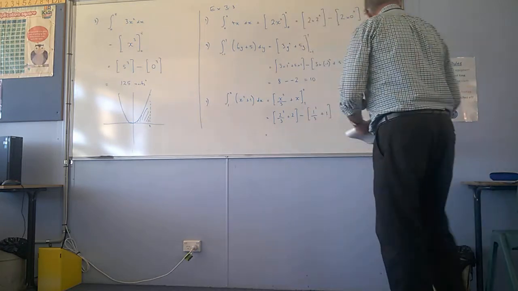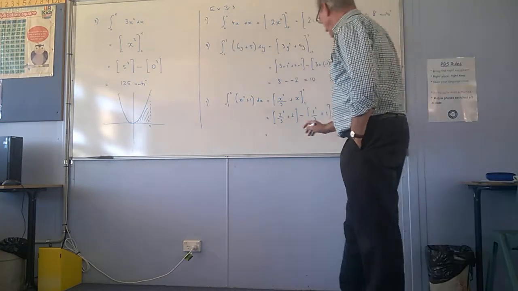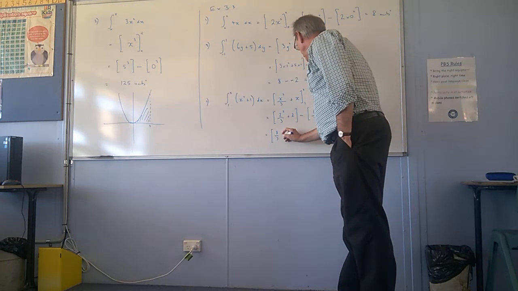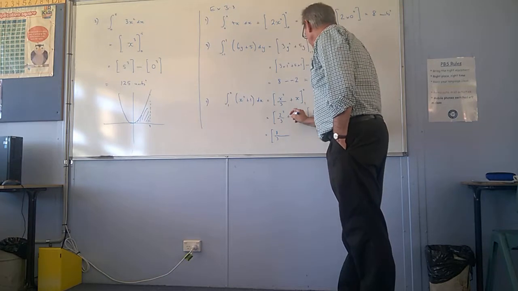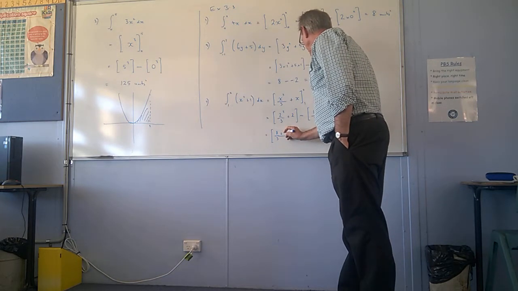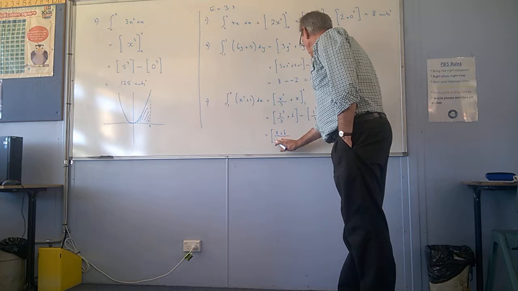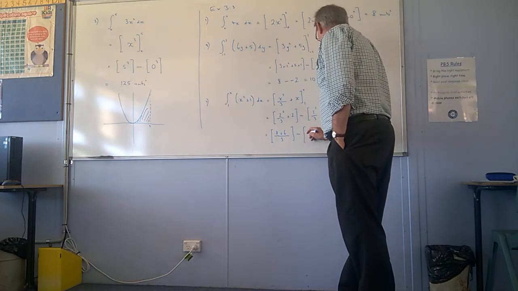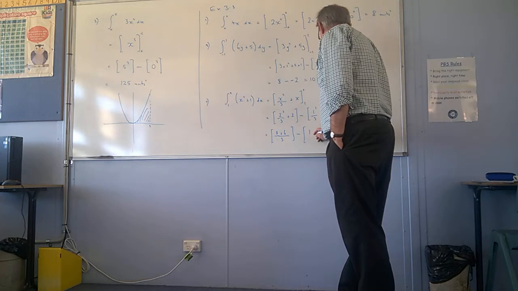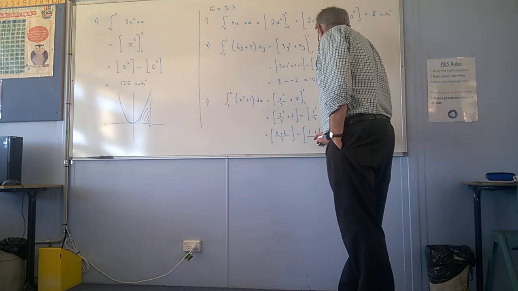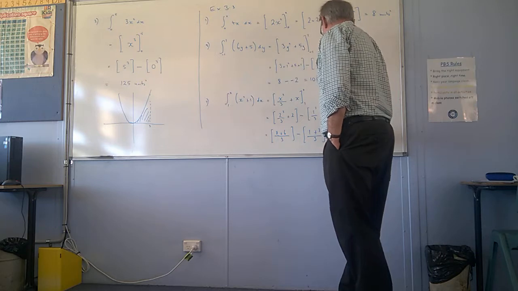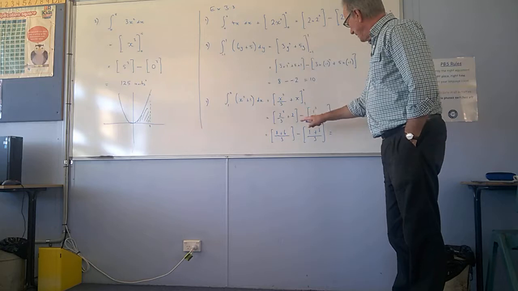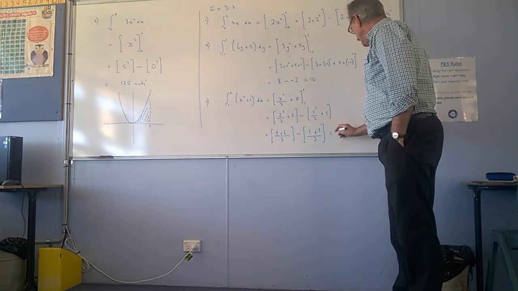Which is going to be, what, 8 over 3, okay, 8 over 3, this is going to be 6 over 3, minus 1 over 3 plus 3 over 3, so that's 14 over 3 minus 4 over 3, so the answer is 10 over 3.